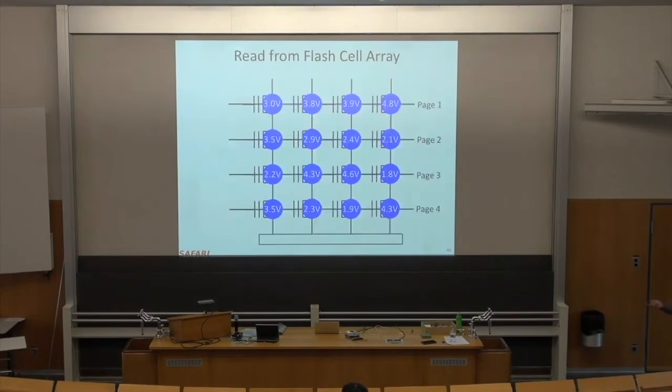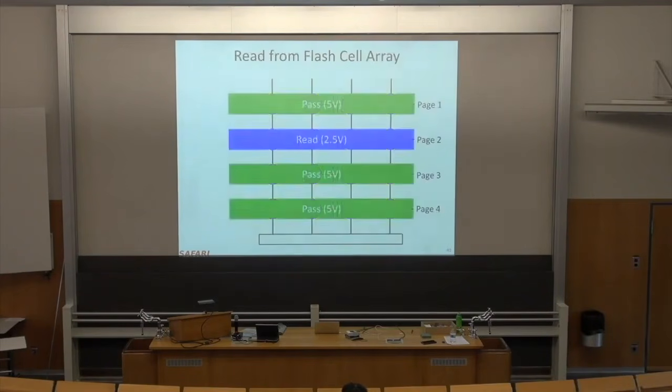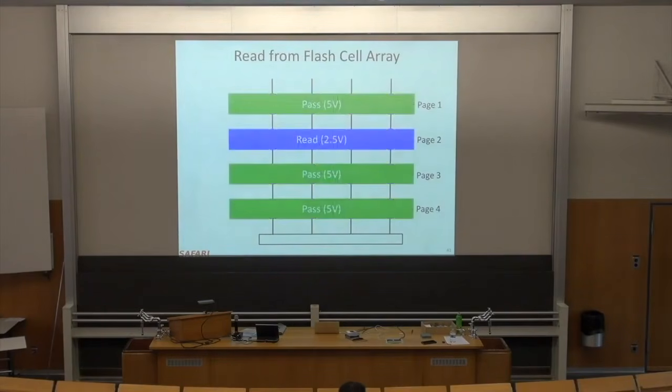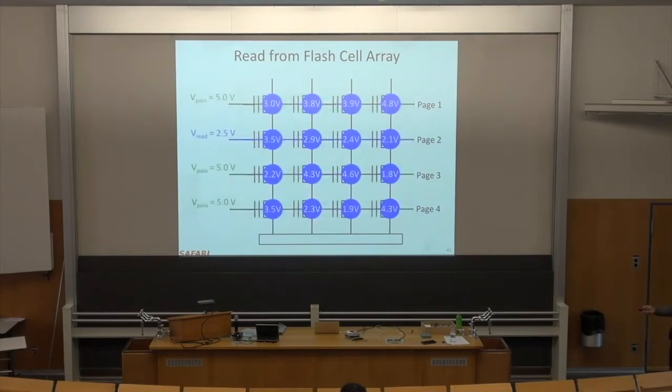This enables reading, that pass-through voltage. So let's take a look at that. If you want to read the values on page 2 over here, you apply the read reference voltage over here. Let's assume that you store 1 bit. And you pass through all of the other pages, meaning that you apply the pass-through voltage to all of the other pages. Now, what does this do? If you apply 5 volts over here, all of these pass through. So that's why they're green.